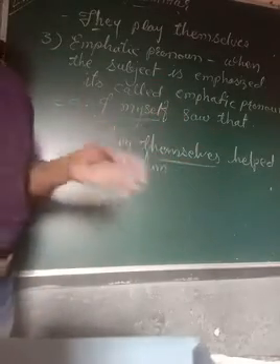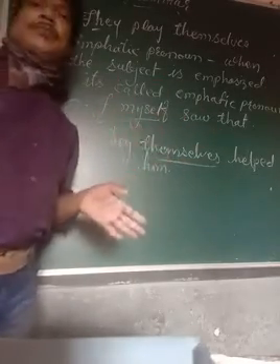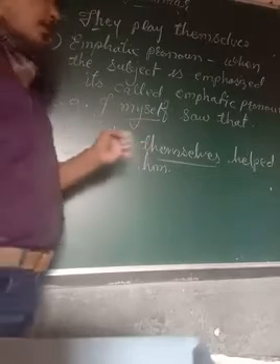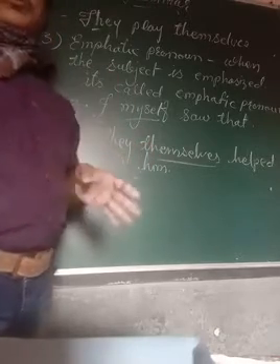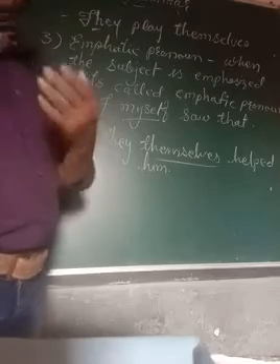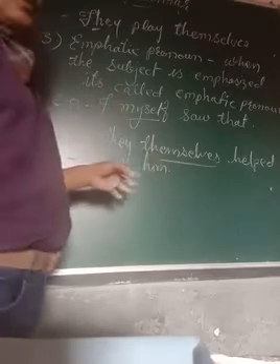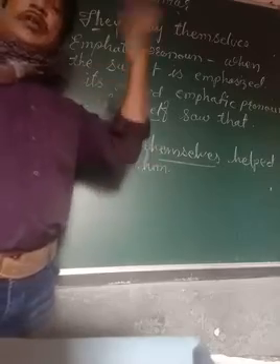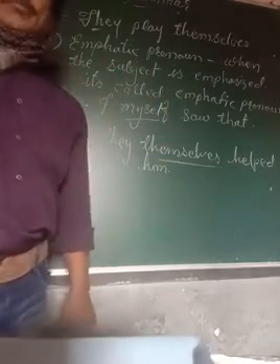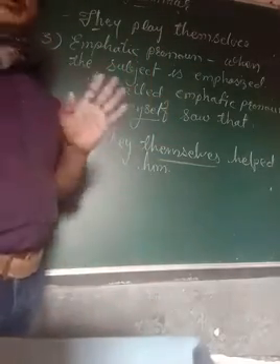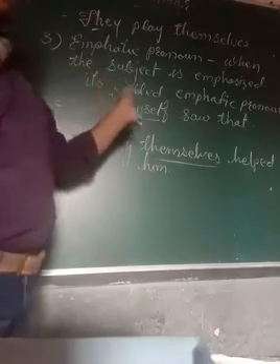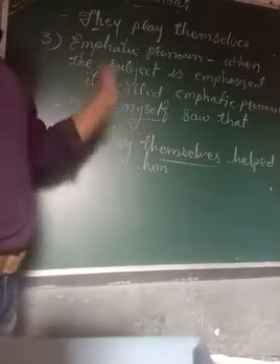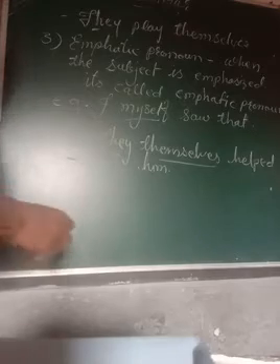So you can identify very well the difference between reflexive pronoun and emphatic pronoun. Though they look alike, this is the difference. Reflexive pronouns are used at the end of the sentence, and emphatic pronouns are used next to the subject in the sentence. Okay, next now.